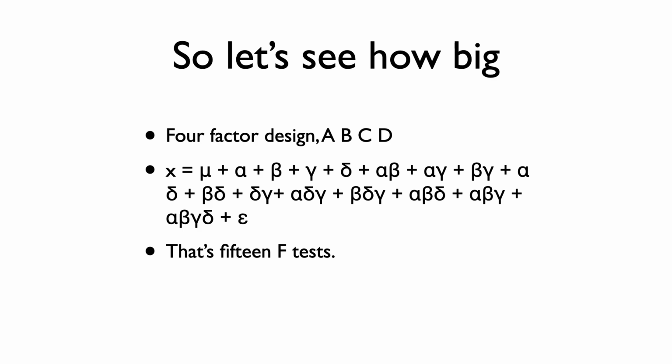So like I said, that's 15 F tests. That's a lot of F tests. I think that's a little difficult. And if we had a fifth variable, that wouldn't be epsilon, right? Because that's error.